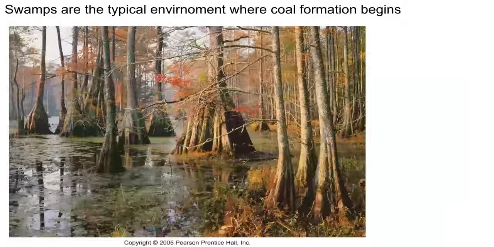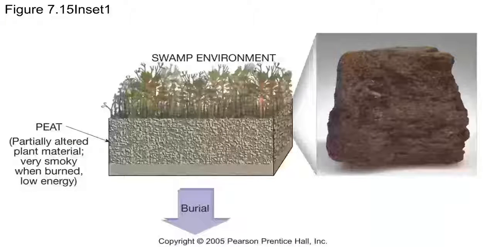Coal typically starts off in a swampy environment. All this organic material, whether it's leaves or branches or whatever plant material it is, falls to the swamp floor, possibly under the water, and it is buried by other material over time. So we have those same two words that we had from the first formation process.